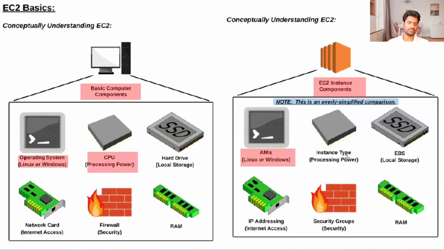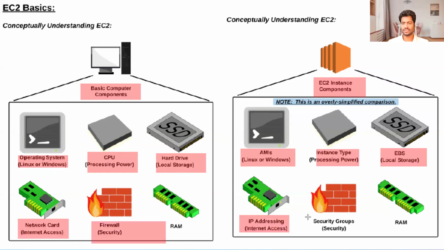Here the CPU is called the instance. The hard disk is called EBS. Then the network card, the IP address, the firewall as security group, and RAM, RAM only. Clear? I hope you understand very clearly.